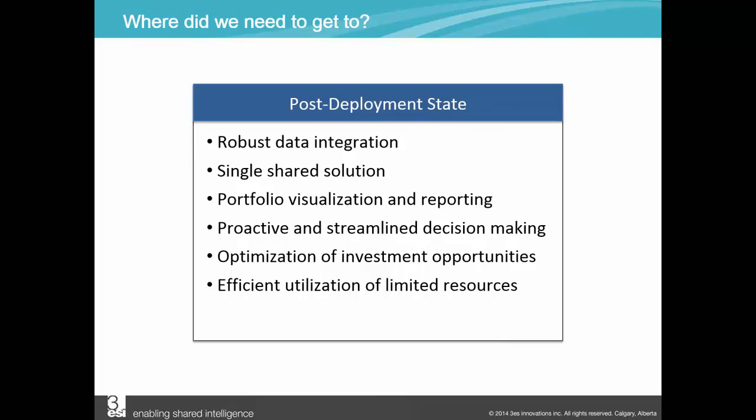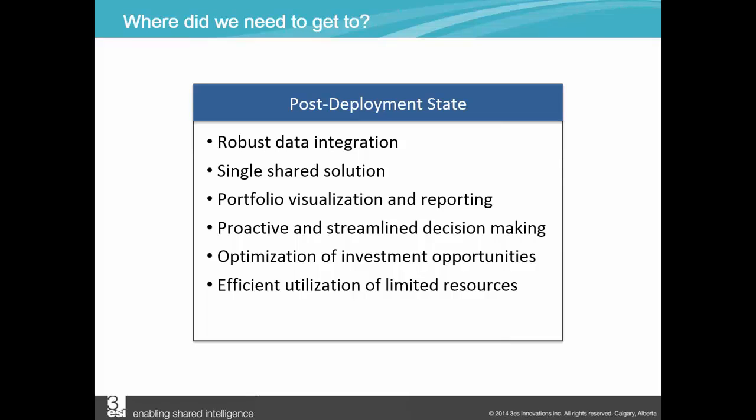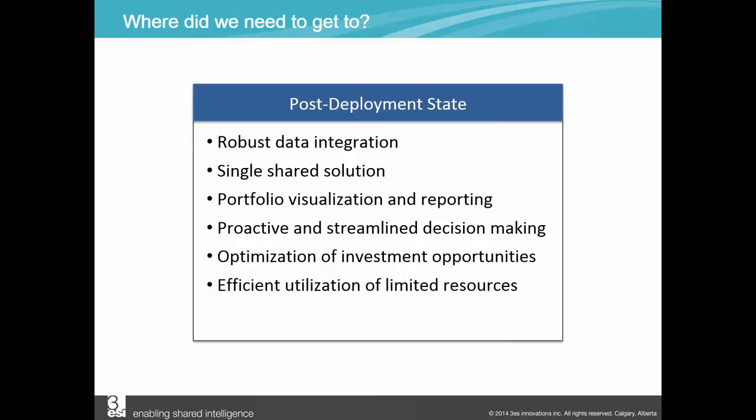The second meaning here, though, was the efficient utilization of the resources using the system. So the user's time had to be used in an effective manner. The system couldn't overburden the process. The solution had to be one that was more efficient than what was in place today.